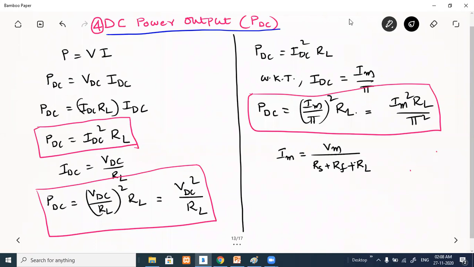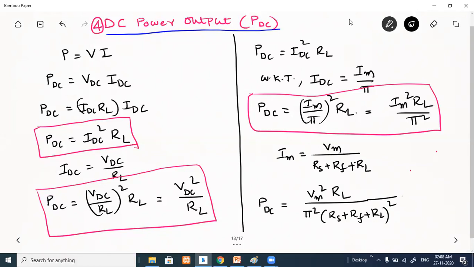Substitute this in the above expression, then we get PDC equal to Vm square RL by pi square into Rs plus Rf plus RL whole square.